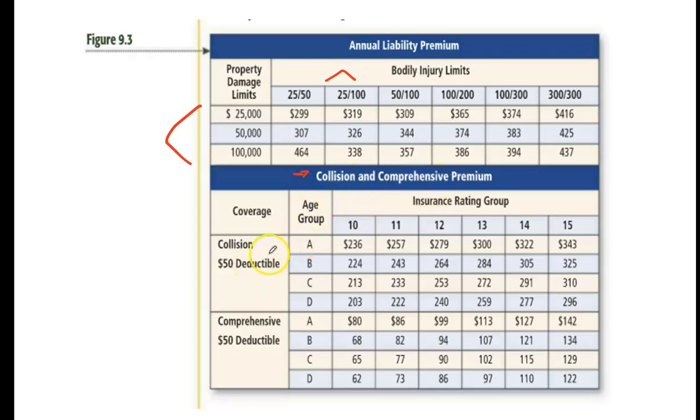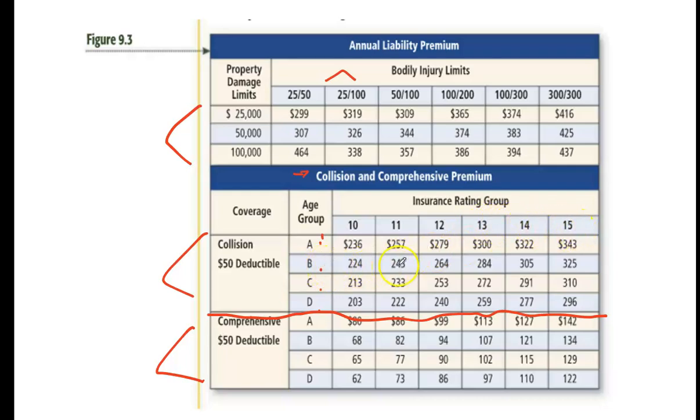Then this is both collision and comprehensive. Most of the time it will be a $50 deductible for these word problems. There are two groups, so you could technically draw a line right here, better than Miss Dahlstrom's line, in your notes. This is collision, this is comprehensive. You will be given an age group, A, B, C, or D, and then an insurance rating group of 10, 11, 12, 13, 14, or 15.